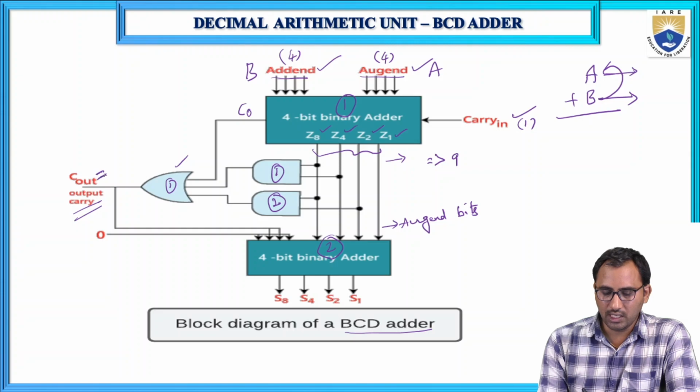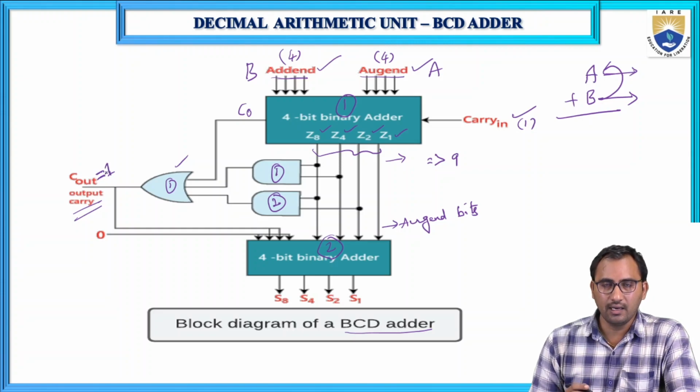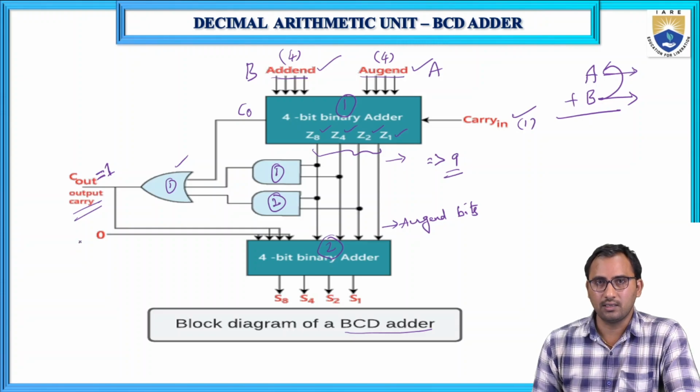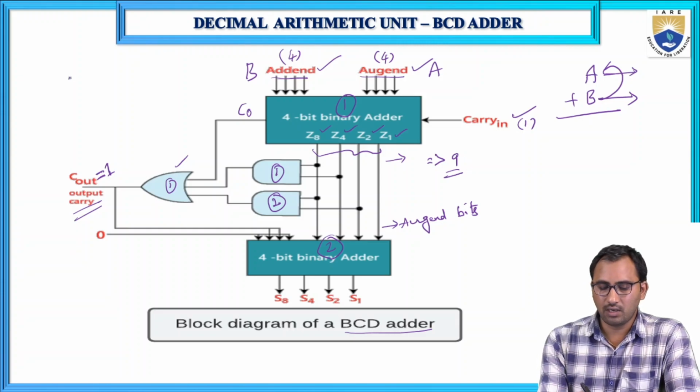If Cout is equal to 1, it indicates that the sum is greater than 9, and in that case we have to add 6 to that result. 6 is represented as 0, 1, 1, 0.